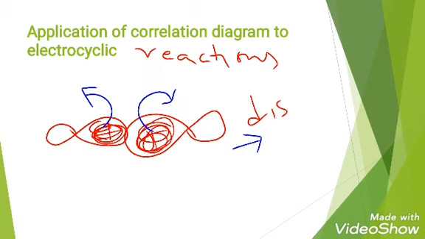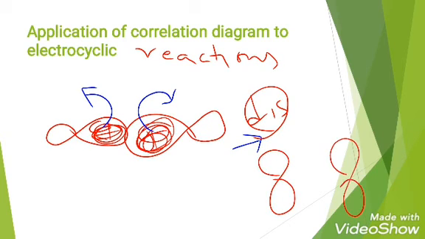If the ring opening takes place in disrotatory mode, that means one is in clockwise direction and the other one is in anti-clockwise direction, then we get these types of orbitals which maintain the mirror plane of symmetry.